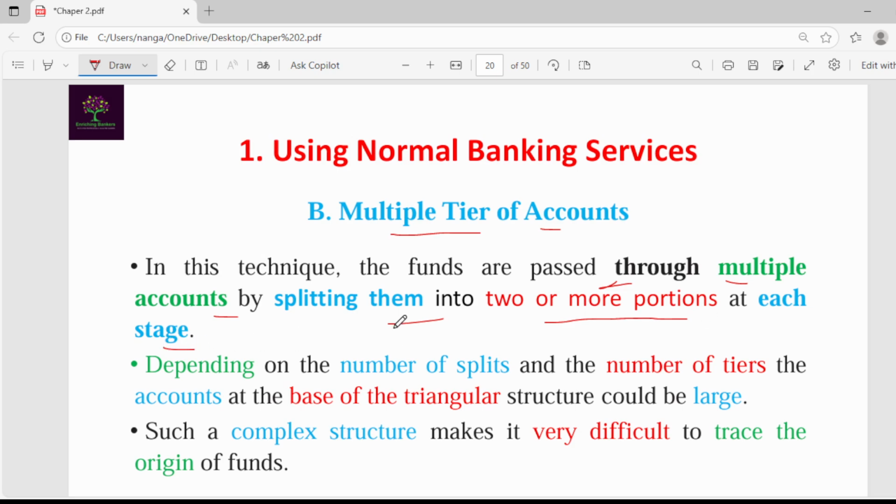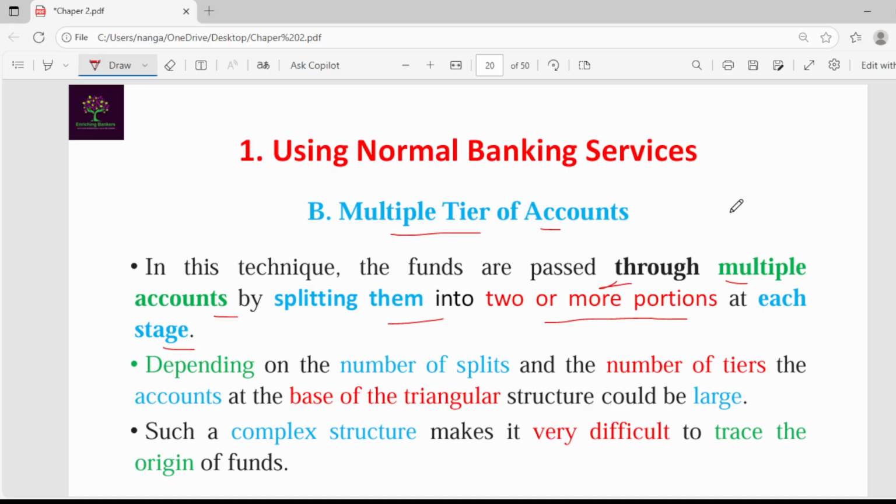We know that trains have different types of coaches, and passengers travel by train through these types of coaches. In the same manner, here illegal funds are passed through multiple accounts by splitting them into two or more portions.